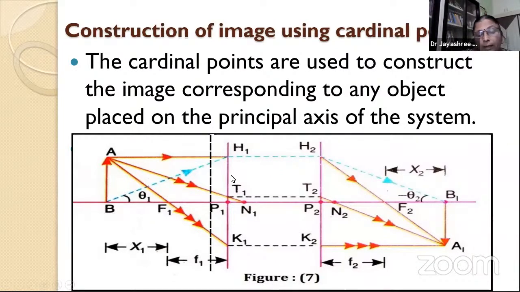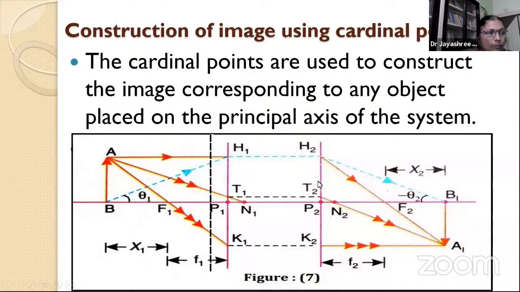And the conjugate ray, what is that conjugate ray? It will proceed from H2, a point on the second principal plane. So the ray gets conjugated from this second principal point, and the second principal plane is H2P2. This is your H1P1, the first plane, and H2P2 is the second plane.